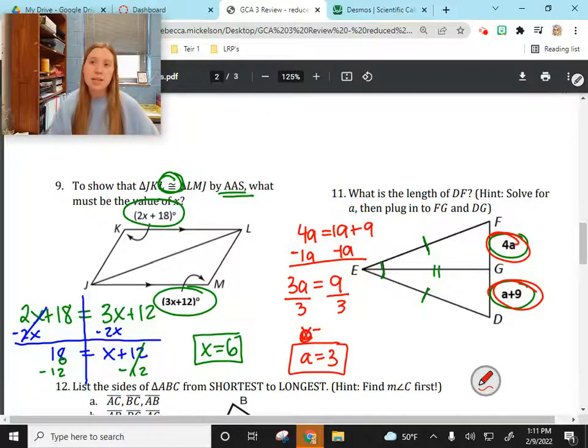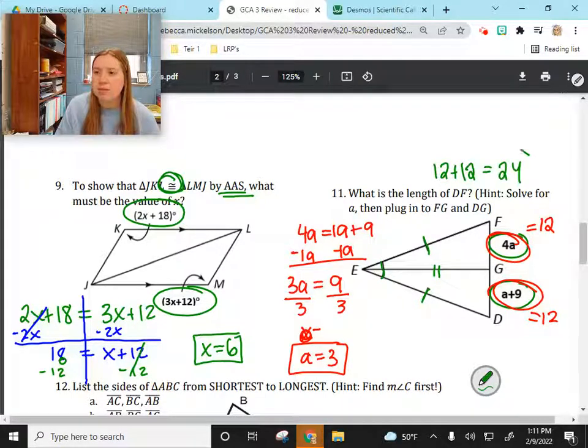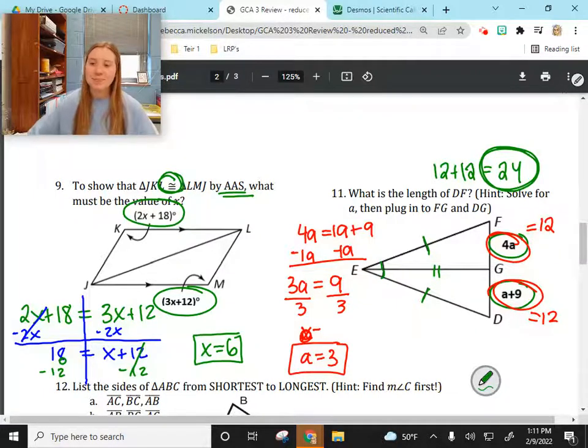Now we can't stop there because we were trying to find the length of this entire segment. 4 times a is 12. a plus 9, so 3 plus 9 is also 12. So the length of all of DF is going to be 12 plus 12, which is equal to 24. 24 is my answer there.